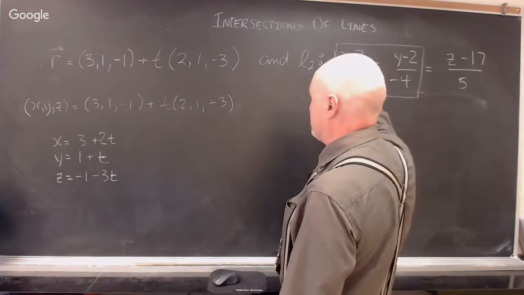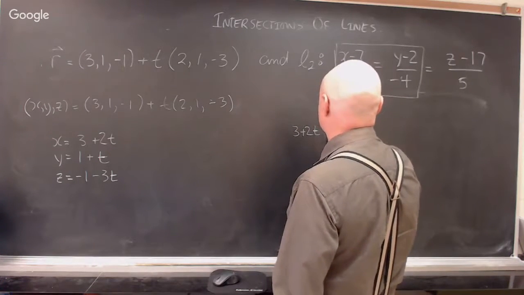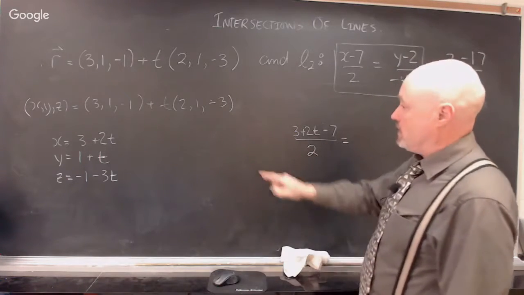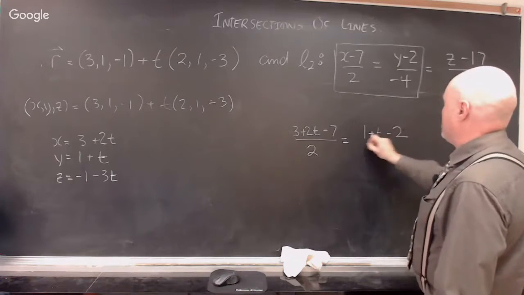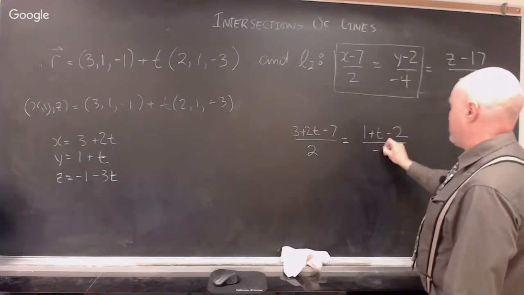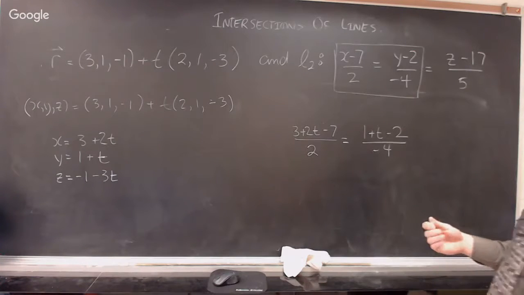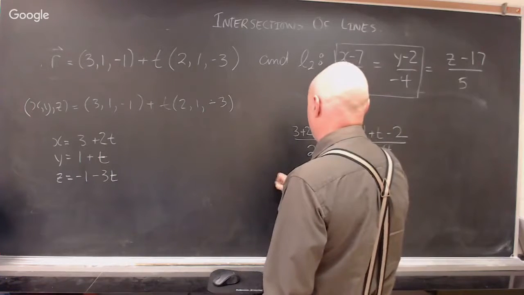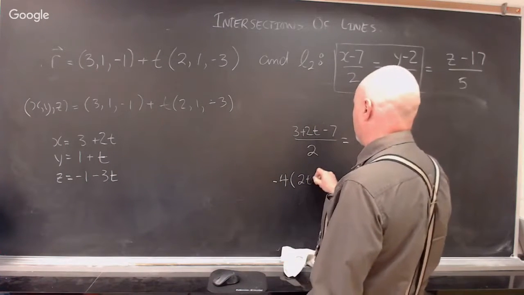So X is equal to 3 plus 2T, so where I saw an X, I'm going to put in a 3 plus 2T. And my Y is 1 plus T, so where I saw my Y, I'm going to put in a 1 plus T. And now I'm going to isolate the T. So I'm going to cross multiply here. I'm going to simplify the inside.